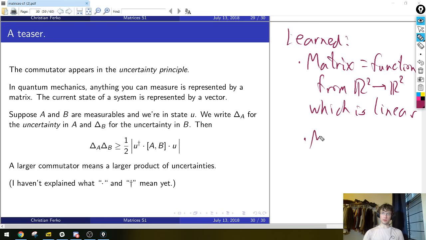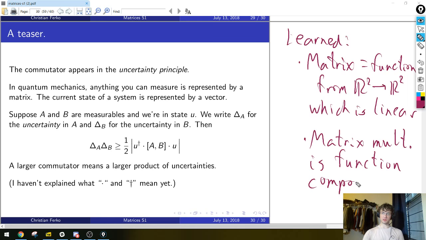And we learned that matrix multiplication has a complicated looking rule, but the rule was completely determined by our imposition that it's the same as function composition. Since we've introduced the commutator, one more thing we learned is that the product AB is not always the same as the product BA.